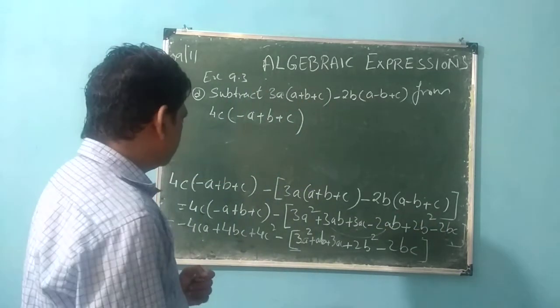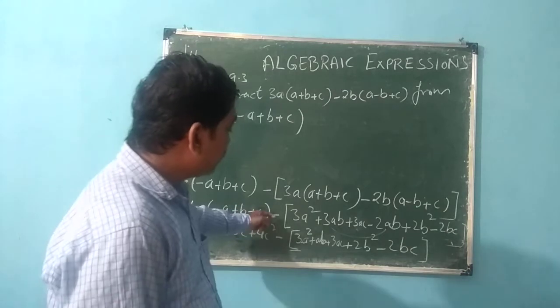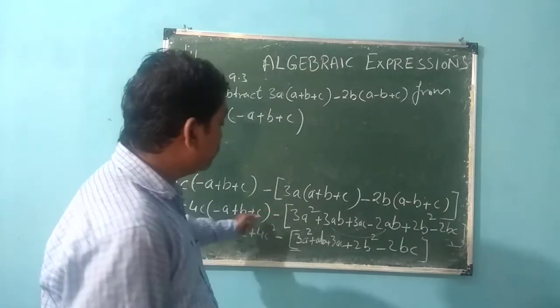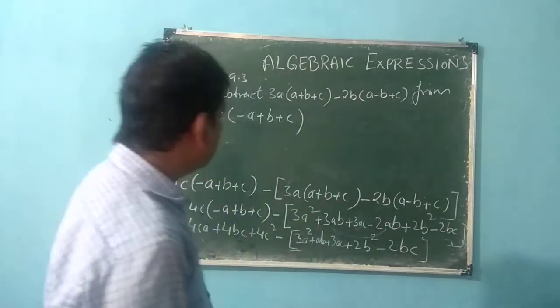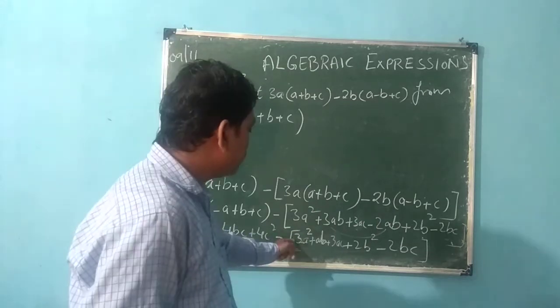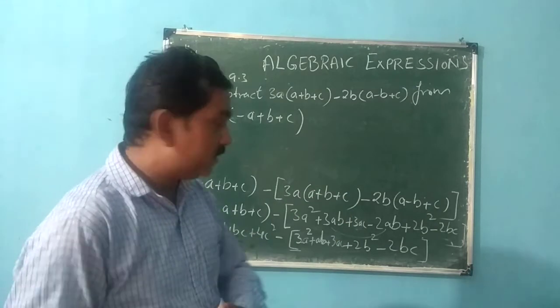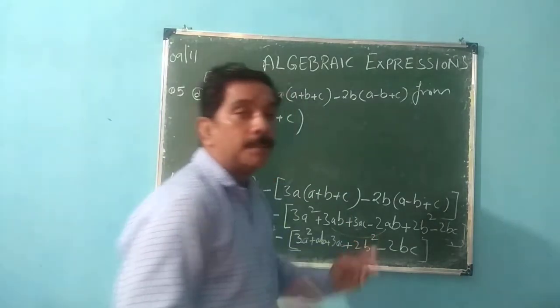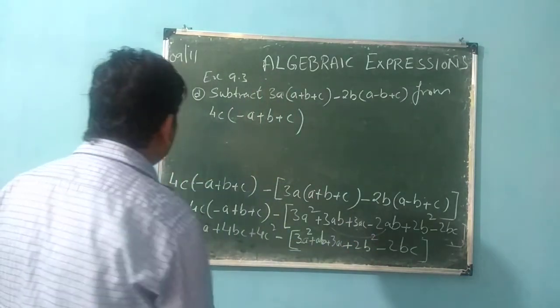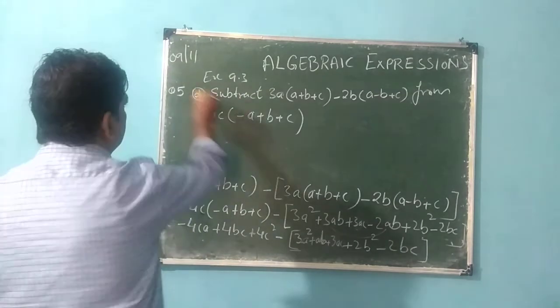Now, this minus is again common here. Again, we'll multiply this minus. So what will happen? The sign will change. Here it is plus, here it is plus, here it is plus, here it is plus. All this plus will become minus and the minus will become plus. So let us do this. I'll drop this one.